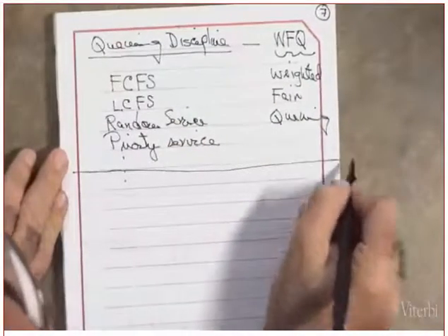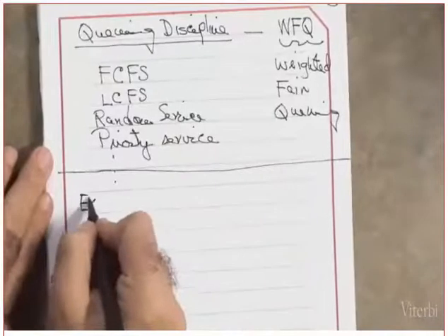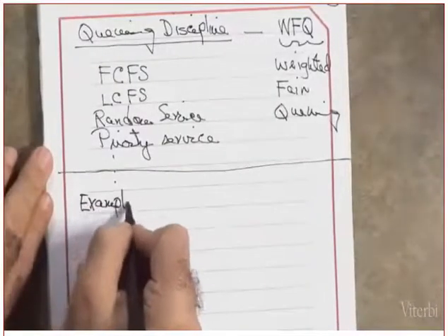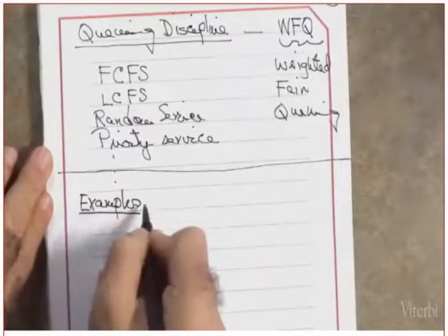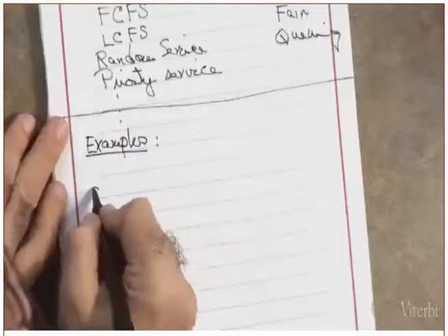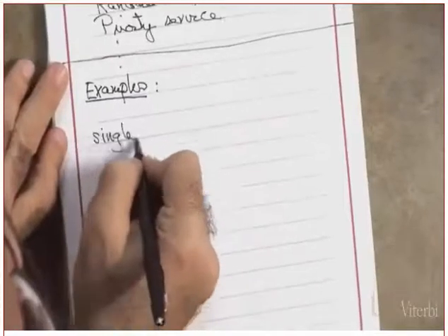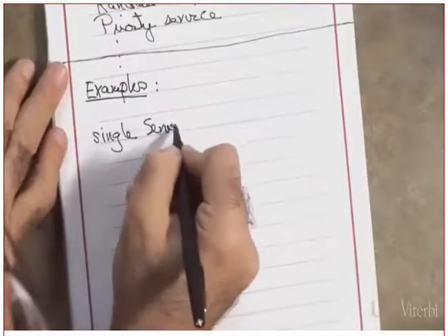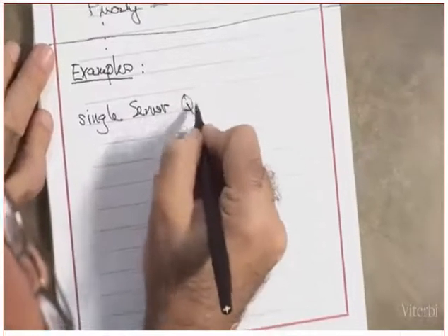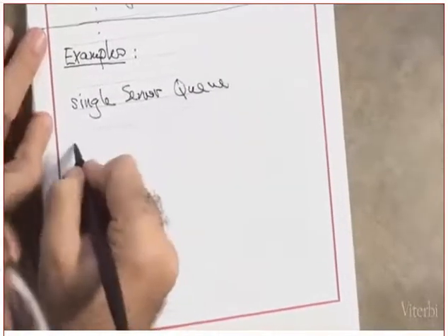Let's take some examples. Single server. Queue. Okay, first of all, notation.